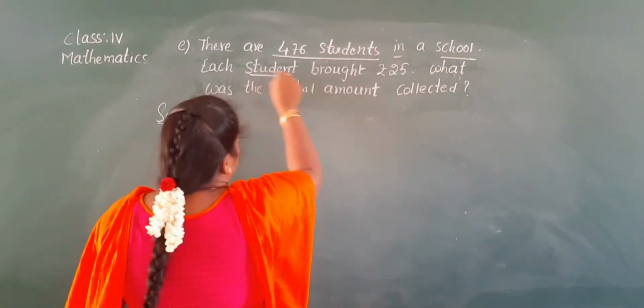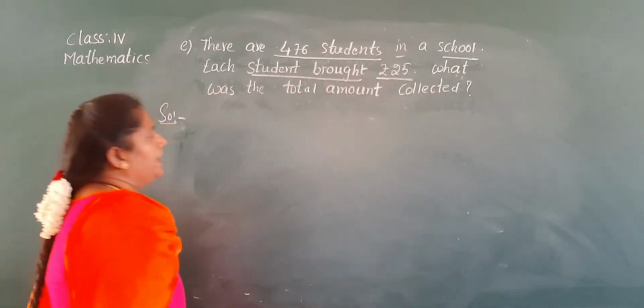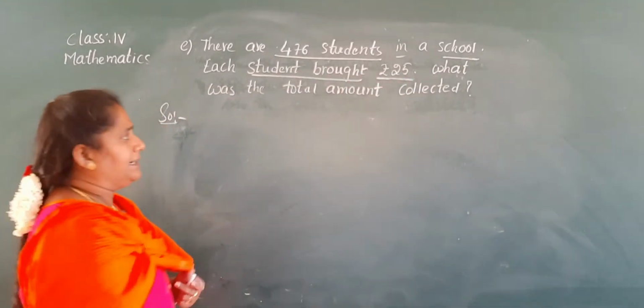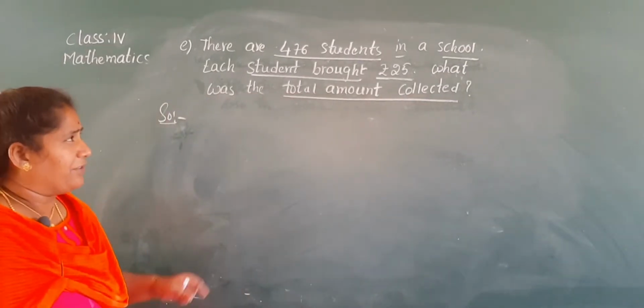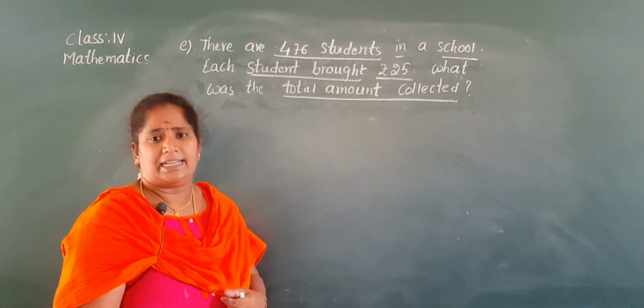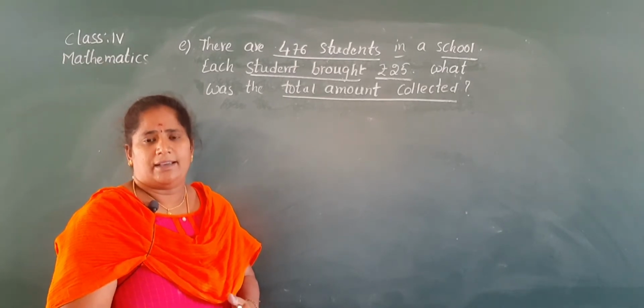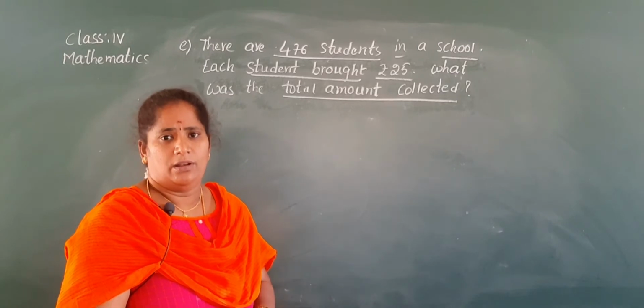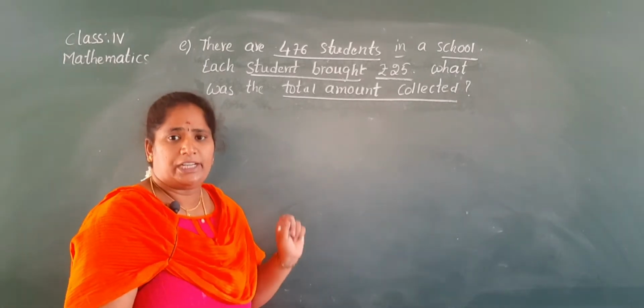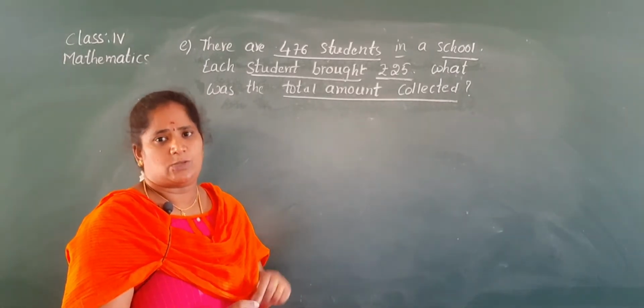And each student brought 25 rupees. Now what was the total amount collected? Now we have to find the total amount collected from the 476 students. What is the given problem? There are some students in the school and they collected 25 rupees from each student.